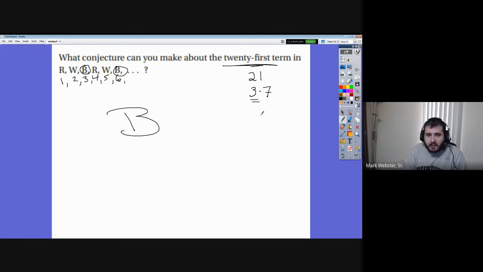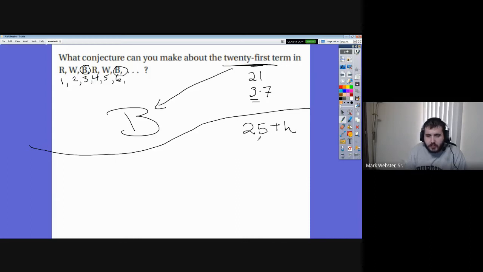Likewise, if I did the 25th, I could say, wait a minute, if I divide by 3, that's not going to come out even. That's going to be a remainder 1, right? It's going to come out with an extra little plus 1 there.